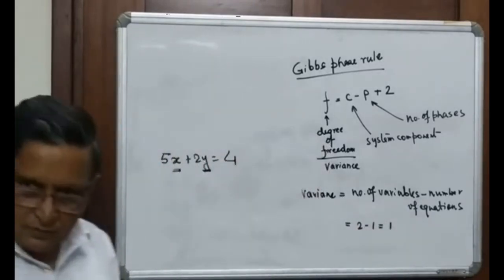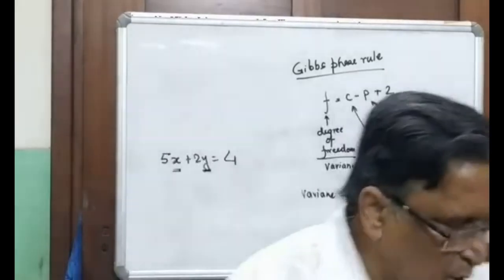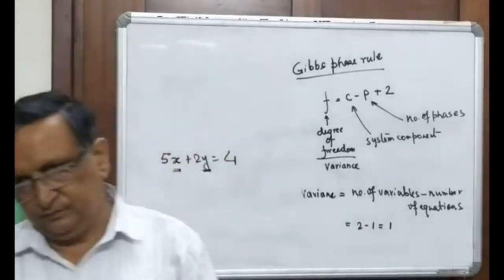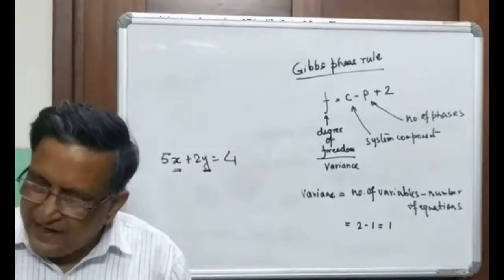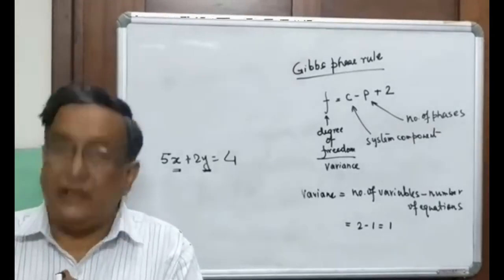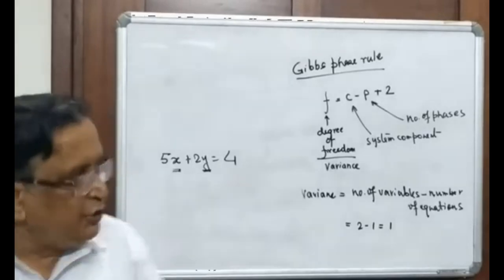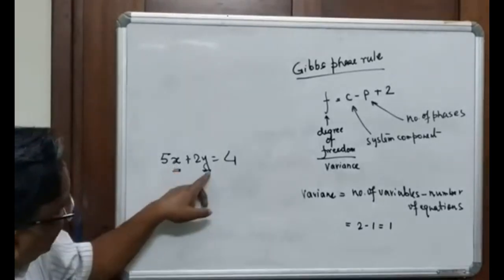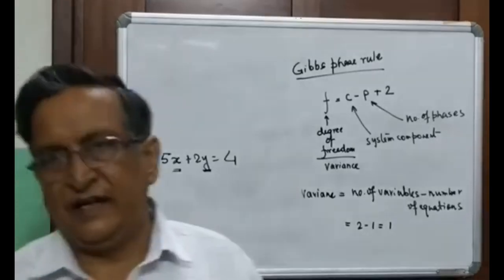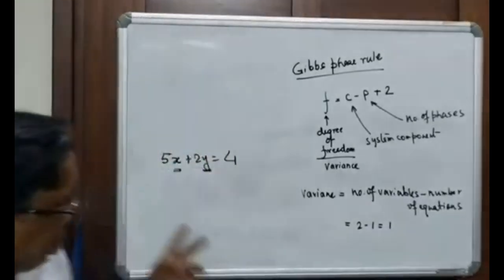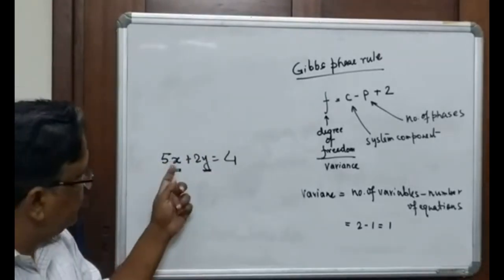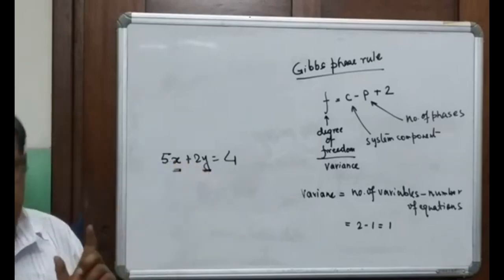What does this mean? That you have 2 variables and 1 equation. So that means 1 variable will remain undetermined. You cannot find out x and y both from 1 equation. You cannot find out unique values of x and y.